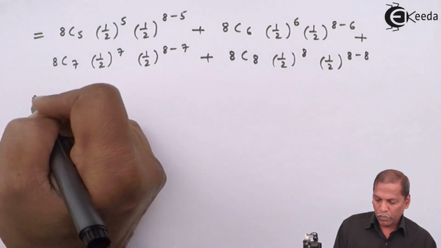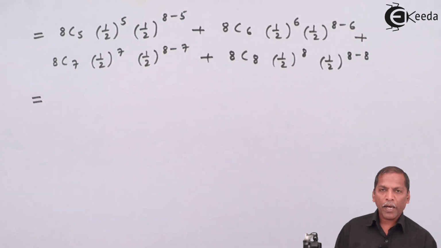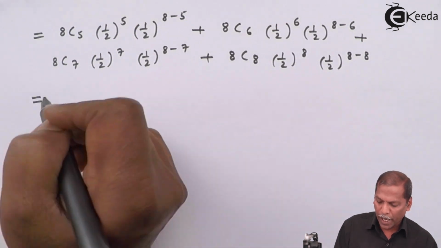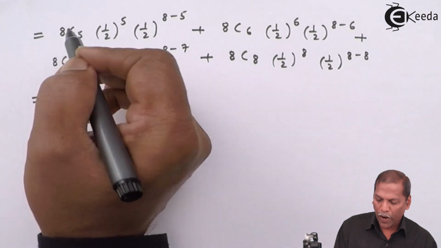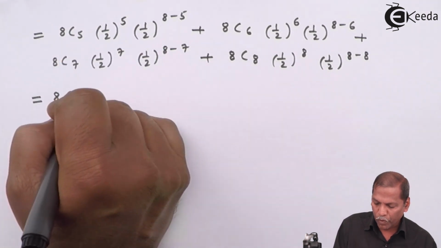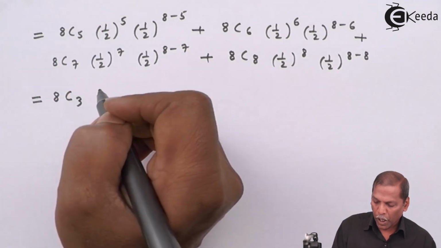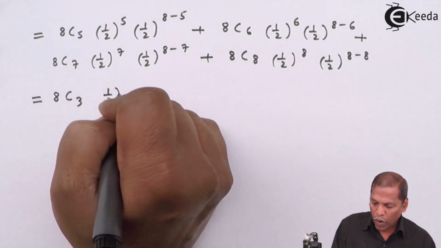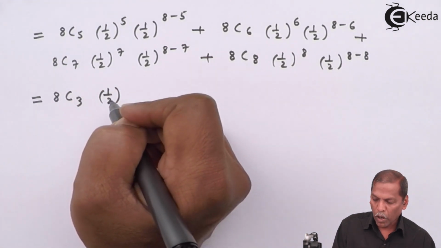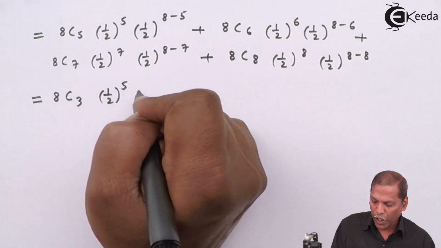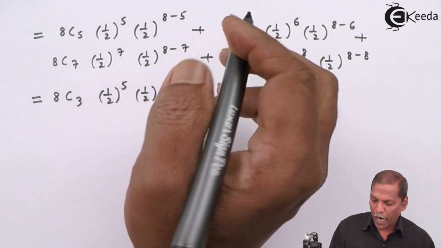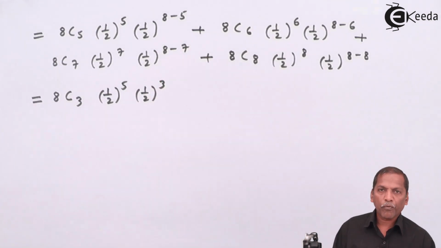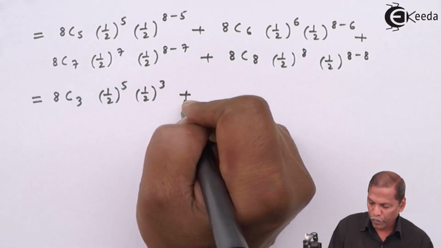That equals, now 8C5 can be written as 8C(8-5), which gives 3, into (1/2)^5 into (1/2)^(8-5), that gives 3, plus.